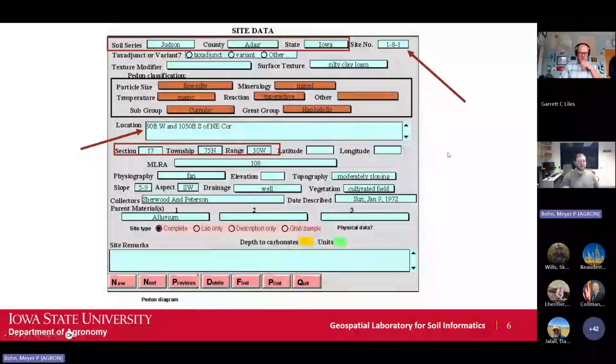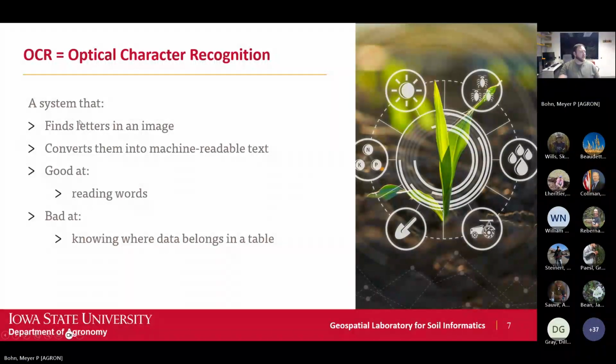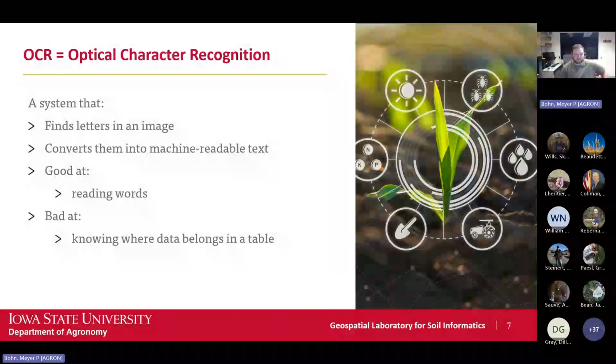But the challenge is that we were running OCR through Adobe Acrobat, and the OCR is great because it can find letters on the page and convert them into some machine readable text, but it's really only good at reading words, and it doesn't really know where the data belongs under column headers or the data type or anything like that.